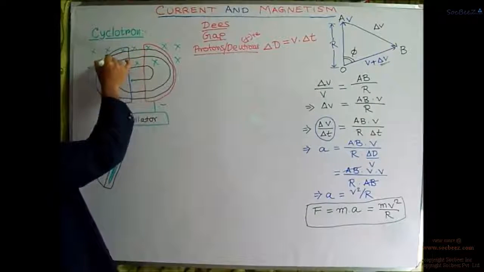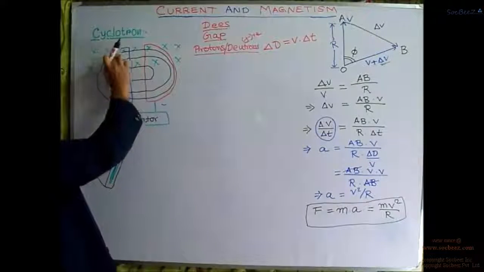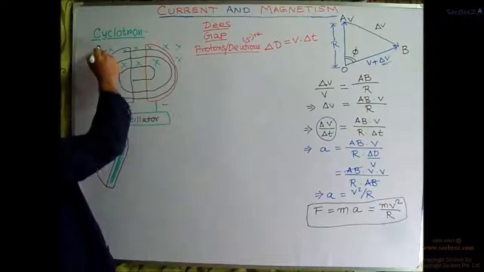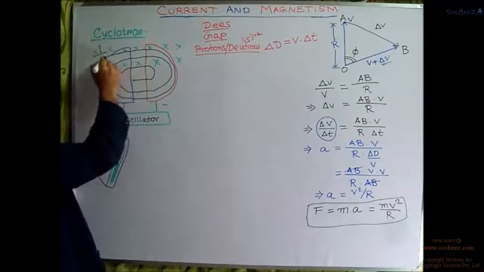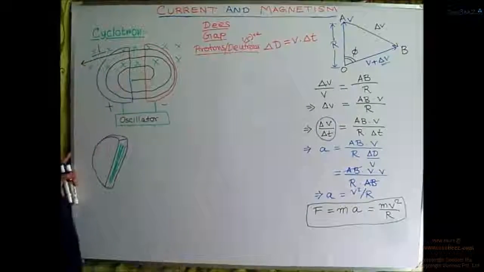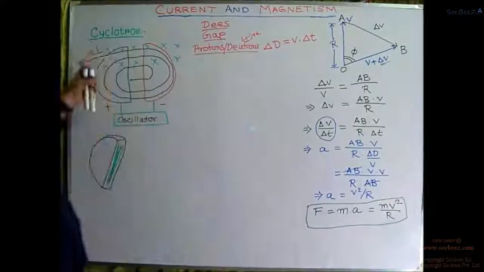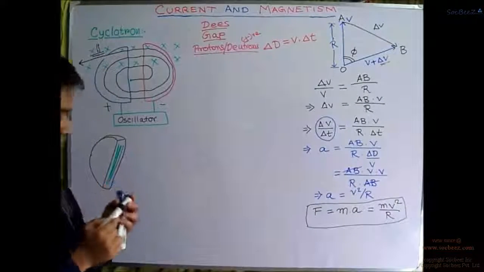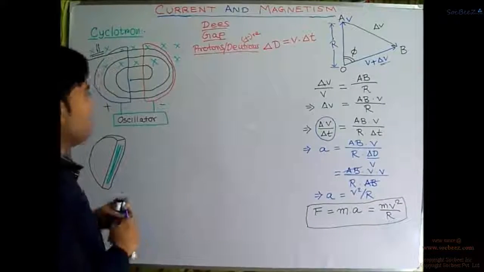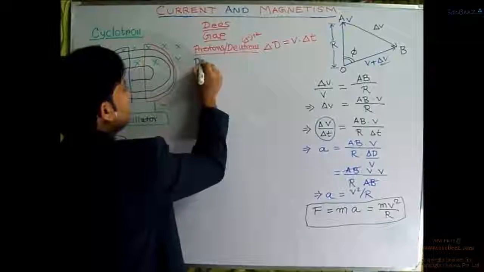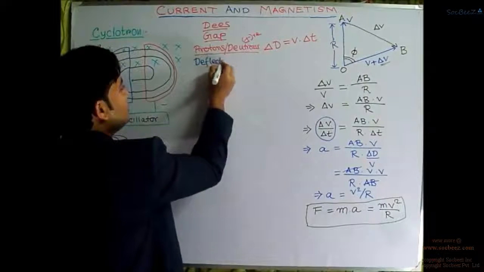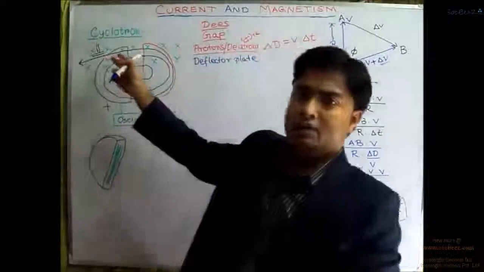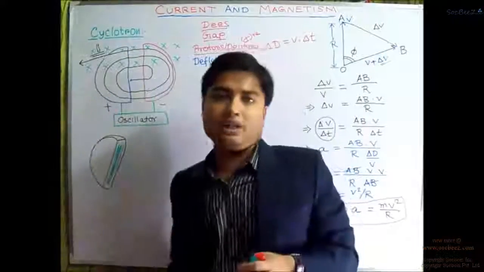Say for example we put over here a deflector plate, so the particle will come directly outside. This plate kept over here is known as the deflector plate. There will be a small opening, and through the small opening it will go outside.